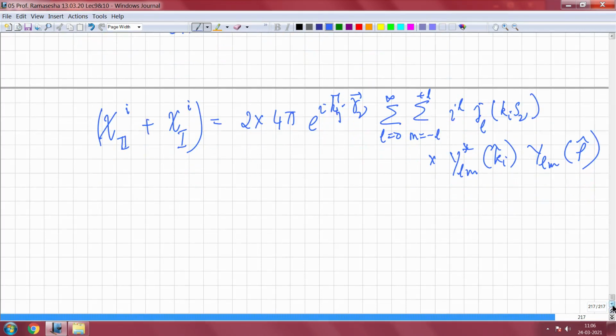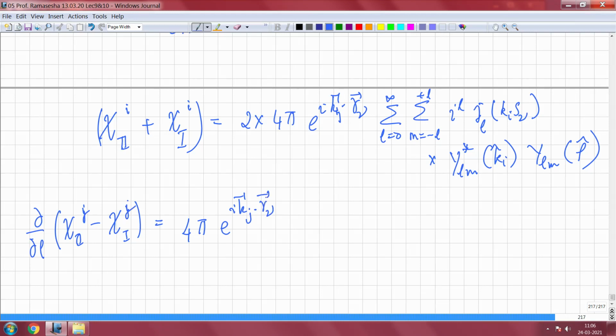So, this is chi 2 I plus chi 1 I, and del by del rho of chi 2 I minus chi 1 I is actually given by 4 pi e to the I k j dot r nu, times sigma over L equal to 0 to infinity.